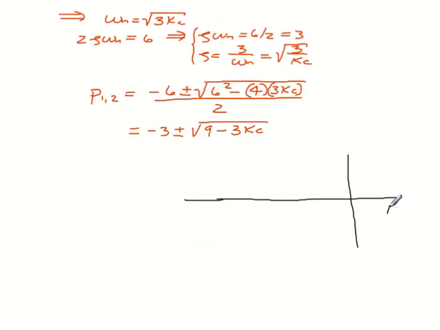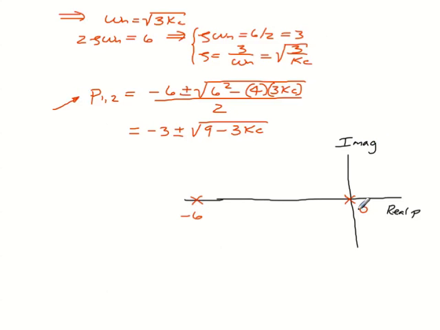So this here is going to be the real part of our poles on this axis, imaginary on this one here. If we look back at our roots or poles here, p1, 2, we see that when Kc is 0, we have one pole here at the origin and we have one pole over here at minus 6.